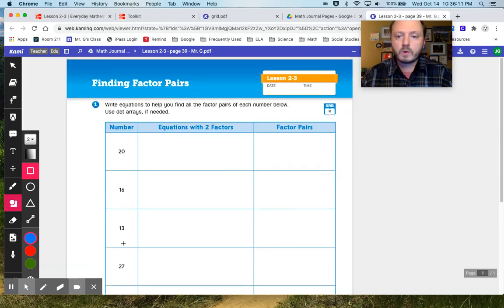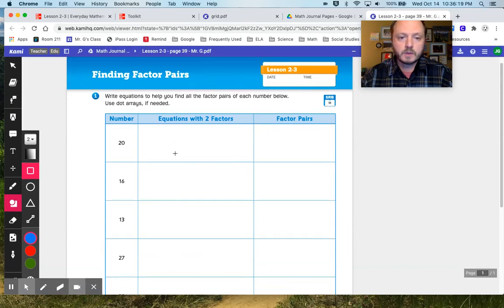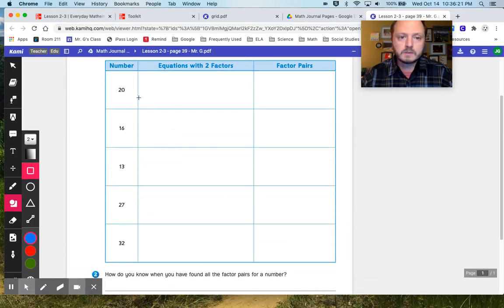Okay, we need to work on them before we do something else. All right, so we're going to think about what are the factors of 20. All right, so let's work on that. And when you're ready, we're going to go over 20 together.